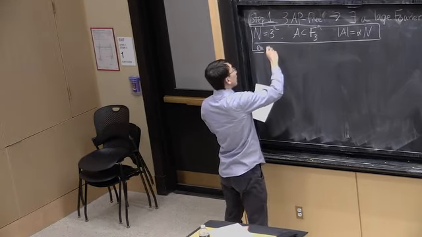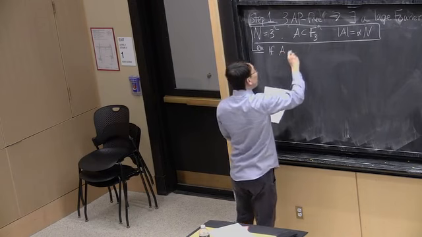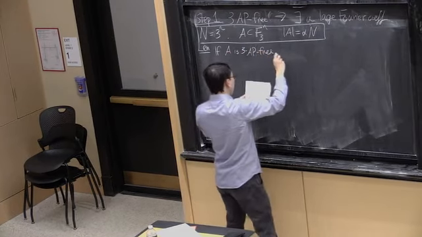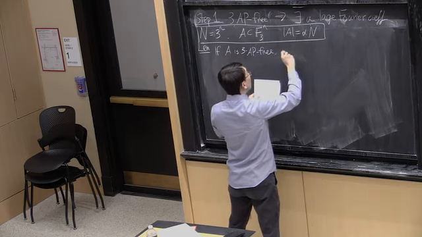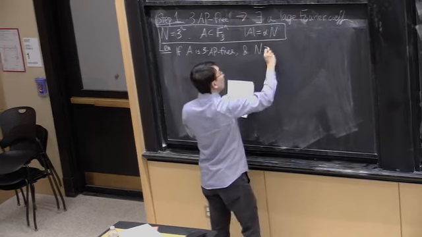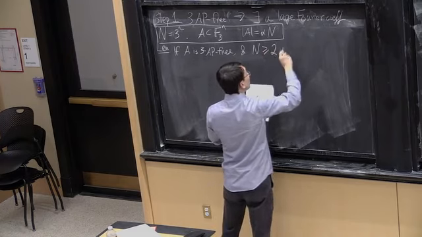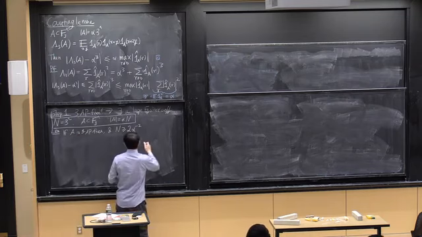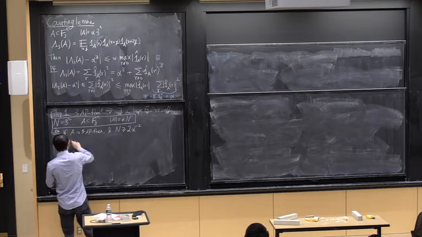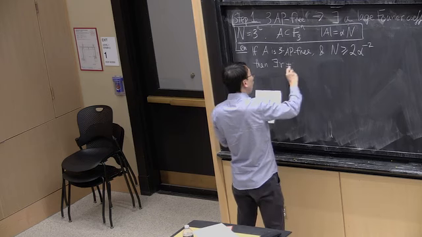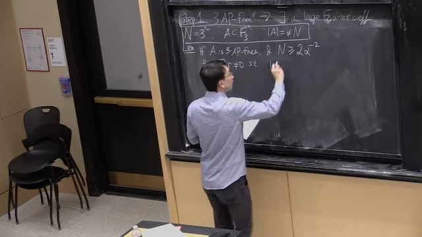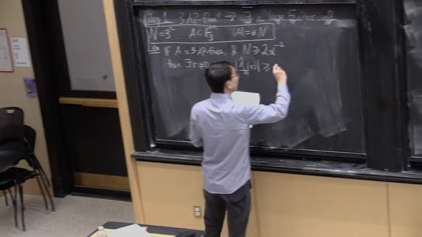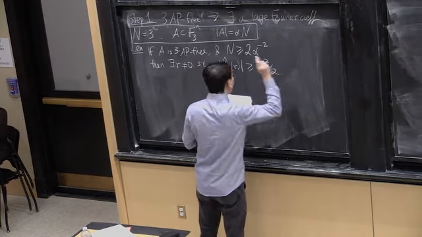We will show that if A is 3AP-free, and N is at least 2 to the alpha to the minus 2, so N is at least somewhat large, then there exists a non-zero R such that the R Fourier coefficient is at least alpha squared over 2.